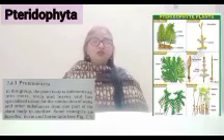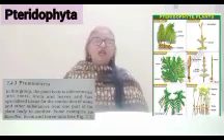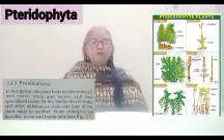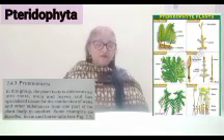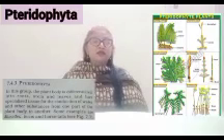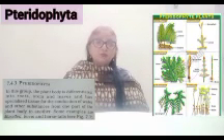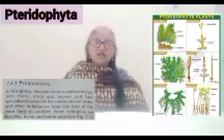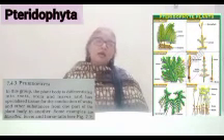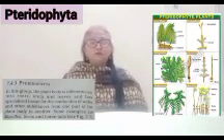They are the first group of terrestrial plants. They have a well differentiated plant body into stem, root and leaves, and vascular bundles or conducting tissues are present. The important groups found in this division are Marsilia, ferns and horsetails.